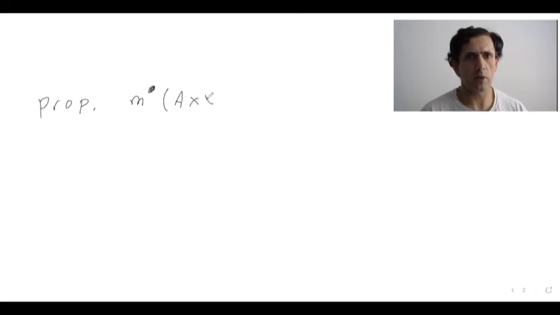In other words, for any real number x, the outer measure of A plus x, for any set A, is the outer measure of A. And I told you what this was before, but I just want to remind you this is the set of all little a plus x, where little a is in big A.